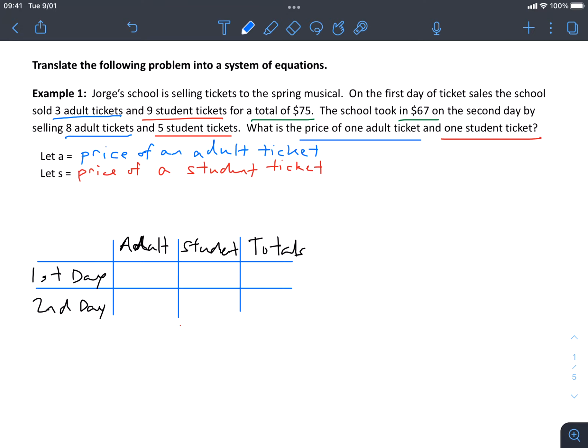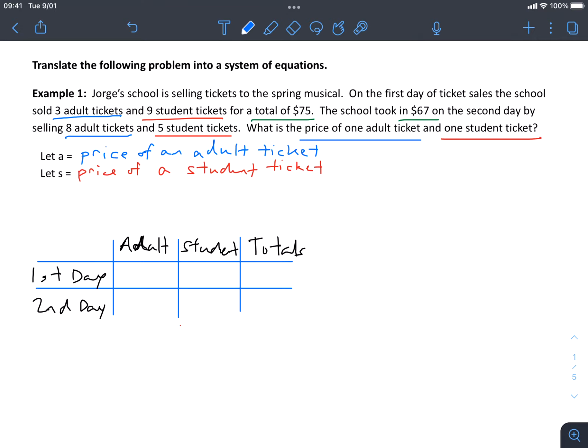In this scenario, it tells us that on the first day, we sold 3 adult tickets, which is underlined in blue, and we sold 9 student tickets, which is underlined in red, for the first day. And we made a total of $75. And what we can do is we can start to build equations.